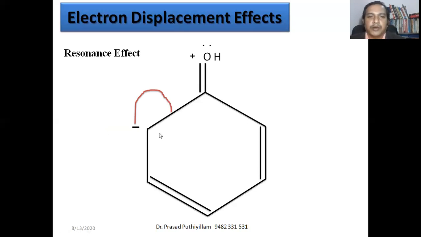Again, this type of movement is possible. The electron can move here and move back.